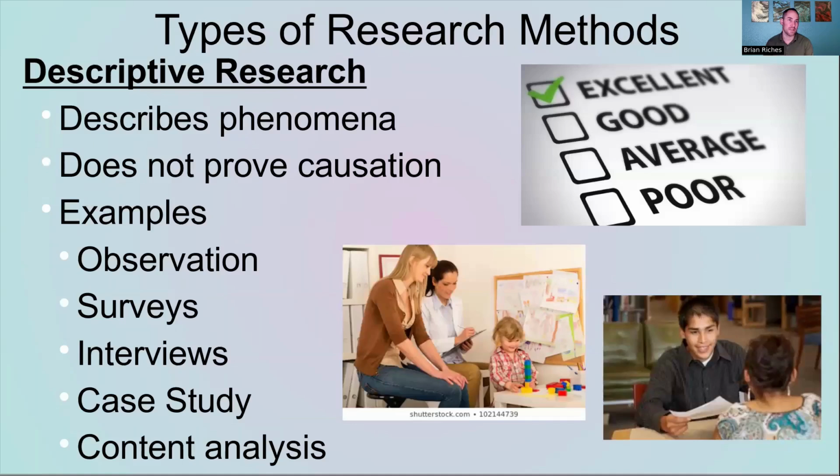Content analysis is basically taking already written content and analyzing it for things like themes. So if you want to look at the most recent election cycle, you could get a transcript of all of news coverage, which would be a massive amount of data. But a content analysis program could do this, and it would tell you what the most common themes coming out are, that kind of thing.